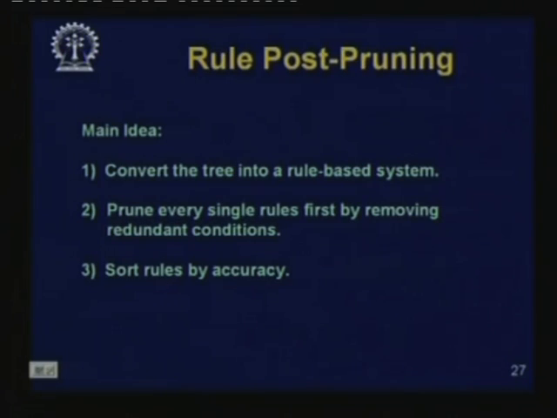The basic idea behind rule post pruning is that after you construct the decision tree, you dismantle the tree and write out an equivalent set of rules that denote the decision tree.